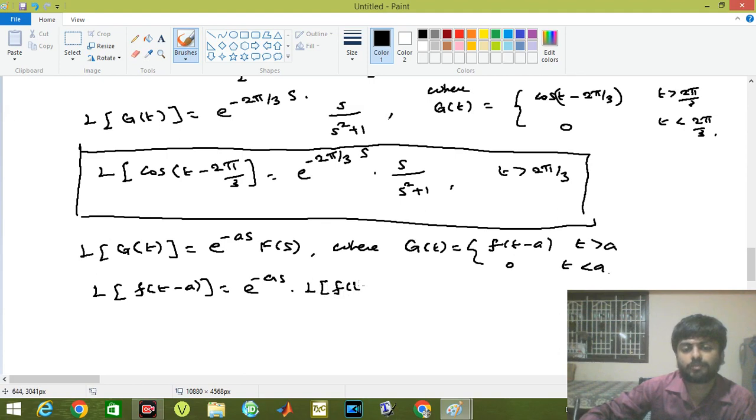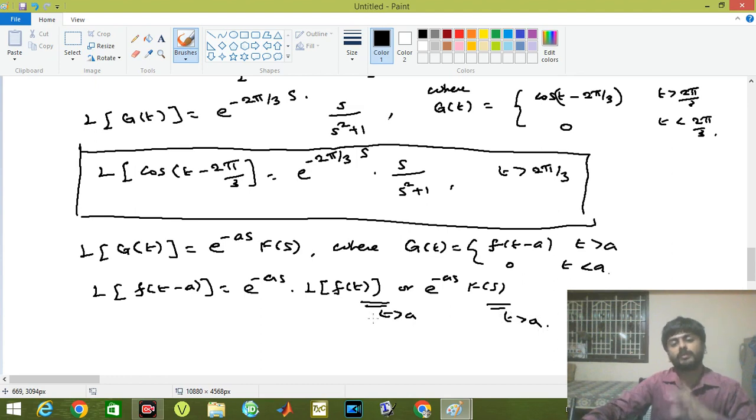In both the cases, t greater than a is important. So with this result, I am going to utilize the result to solve the problem.